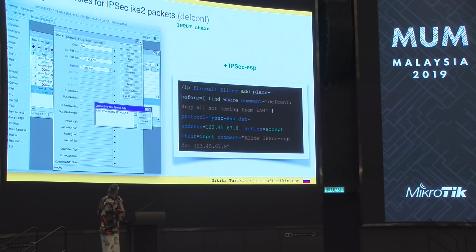And the same thing we do with IPsec ESP traffic. It doesn't have any ports, it's just a type of protocol. So we allow, and I specify the destination address because I want only incoming connections to this IP, but you can make this filter wider. It doesn't matter, but this is for my security practice.